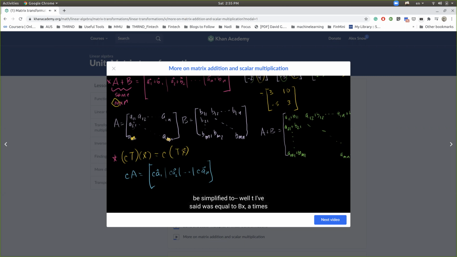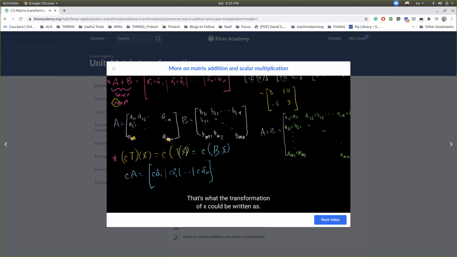And the whole motivation for this was that the transformation T of x was equal to C times the matrix B times the vector x.